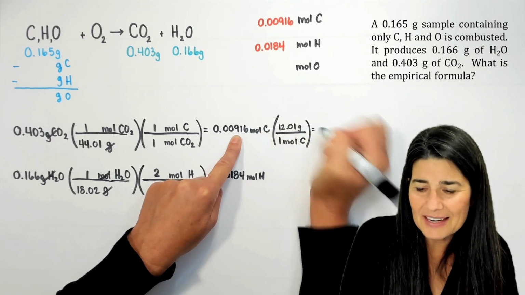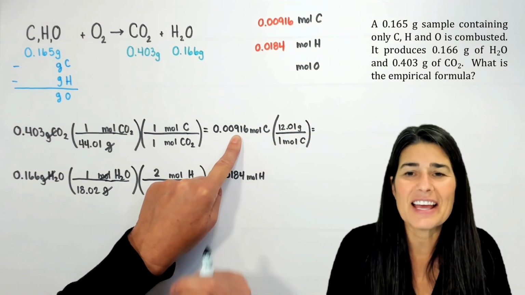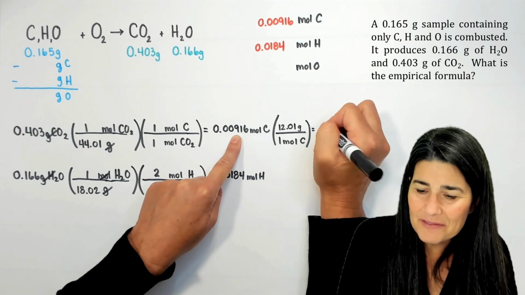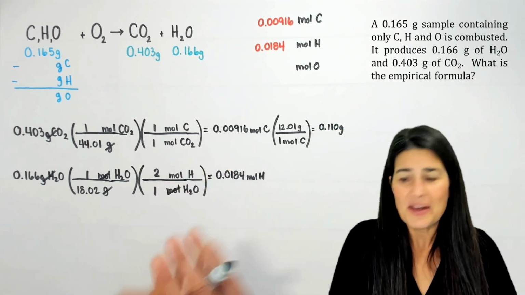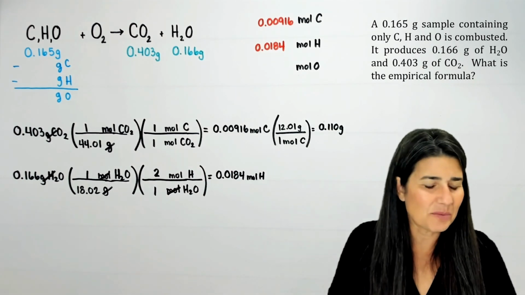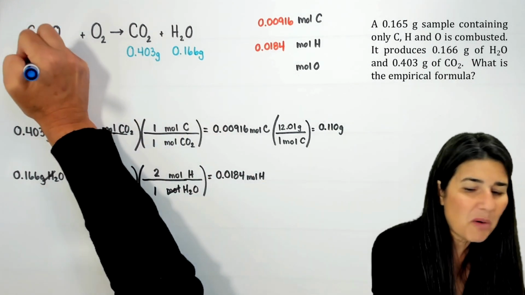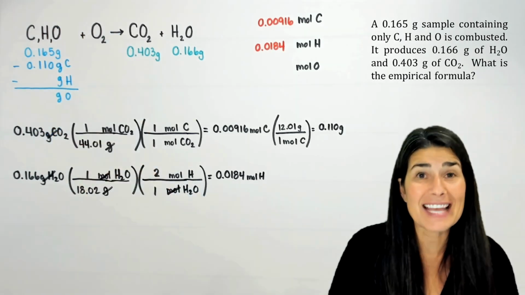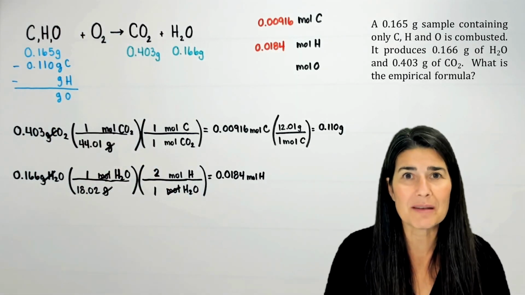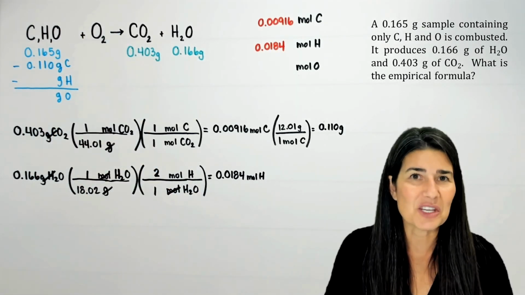If we do that, we get a number of grams for carbon of 0.110 grams. Okay, that I'm going to write over here. 0.110. And I'm happy because it's less than my beginning value. If it was more than my total, I know I'd have some issues.